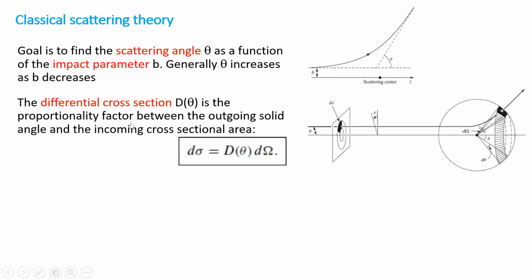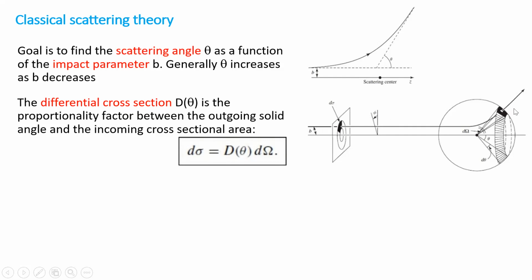One of the key quantities which we look at in scattering is called the differential cross-section, D for differential, which is a function of theta, the scattering angle. The differential cross-section is a proportionality factor between the outgoing solid angle and the incoming cross-sectional area. This diagram should help.